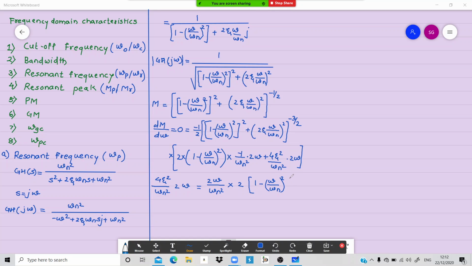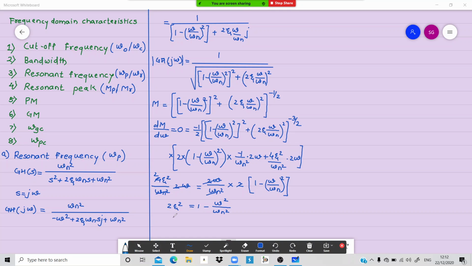Is it okay? Yeah, and I'll complete this bracket. So these things are getting cancelled out and this will become equal to 2. So now what I can write, 2 zeta square is equal to 1 minus omega square upon omega n square.